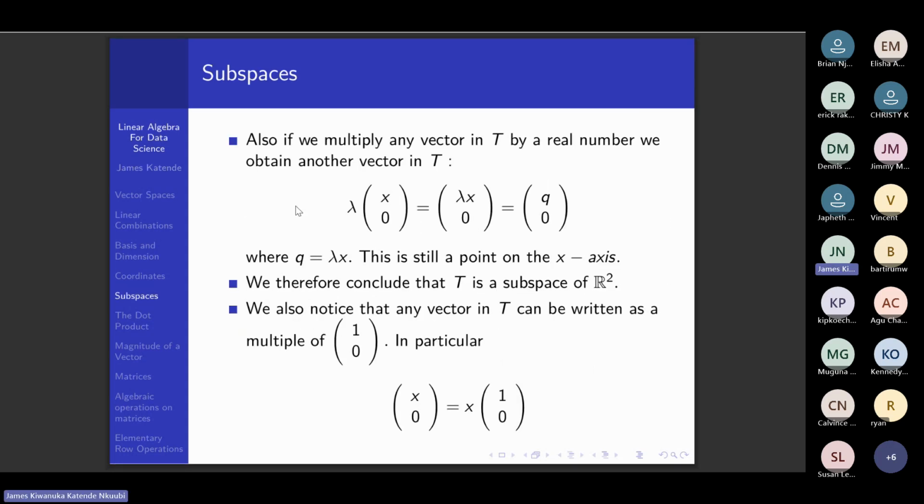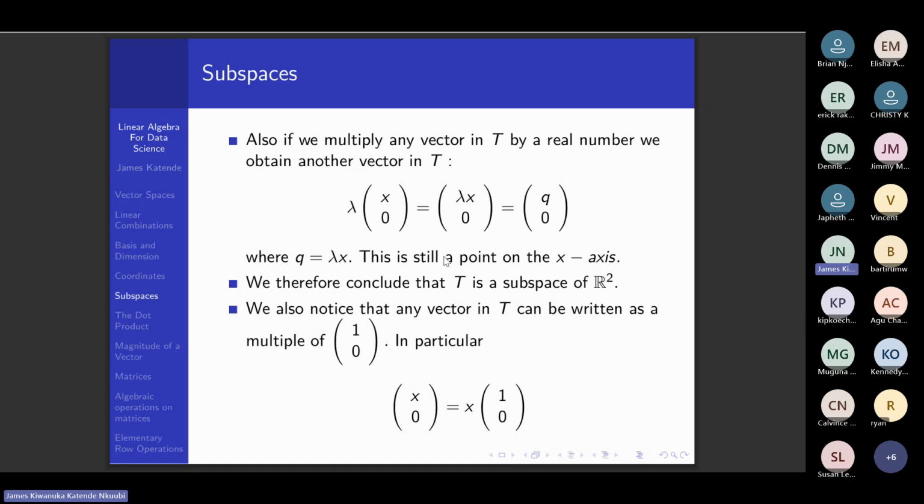Yes, this was the next thing we needed to show. If you pick any vector from our set T and multiply it by a scalar, this is what you end up with. Again, it's still a vector on the x-axis, and we've shown it's closed with respect to vector addition and scalar multiplication. So we conclude that this subset T is a subspace of R2, the two-dimensional Euclidean space.